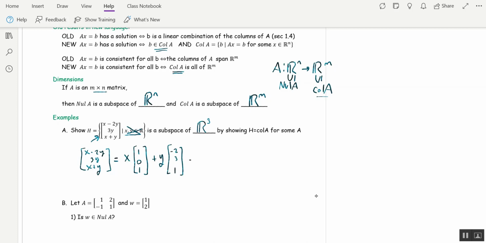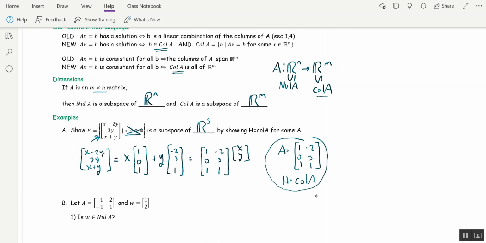So in matrix form, that's the matrix 1, 0, 1, negative 2, 3, 1, times x, y. So if I let the matrix A be 1, 0, 1, negative 2, 3, 1, then H is equal to col A, and that does it. Col A is the set of linear combinations of the columns of A, and that's exactly what this is.